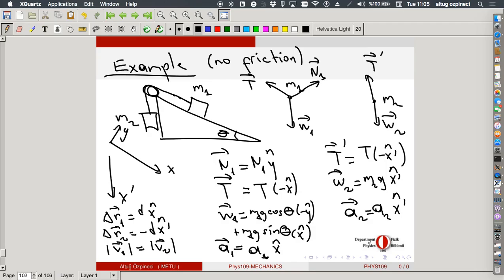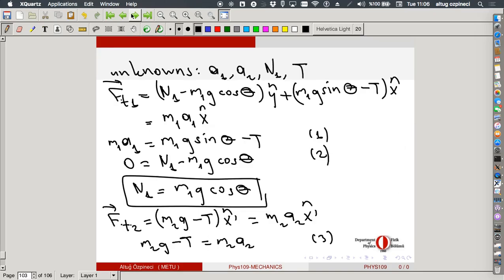That basically means that if the velocities are changing, the relationship should still hold, which also means that the accelerations should satisfy the same relationship. The only difference is that if this is accelerating in the positive x direction, this should be accelerating in the negative x prime direction, sorry. That's why we have this minus sign over here. So this implies that a1 is equal to minus a2, and this is our fourth equation.